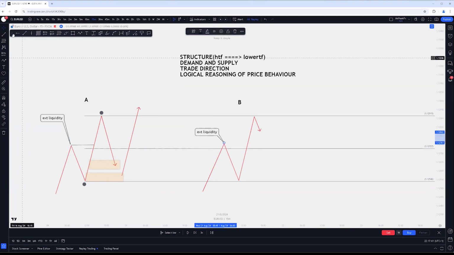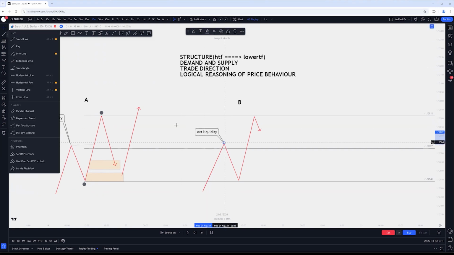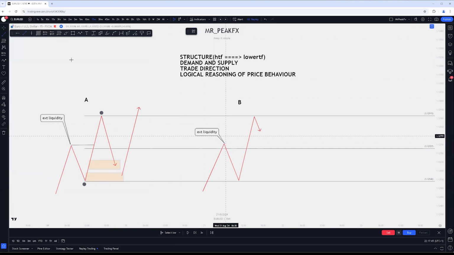Now, once I see price in this current location, what I will be looking out for will be different, because the current position of price, taking the trading ranges A and B into consideration, is so much at a premium level, all right? Price is taking out external liquidity and price just started retracing.